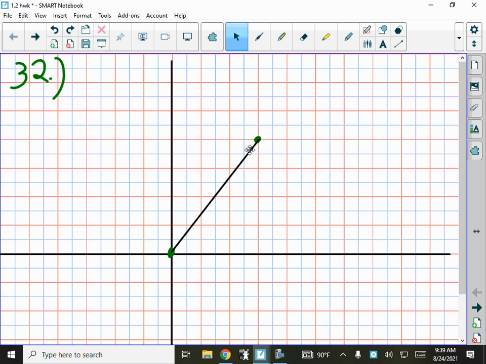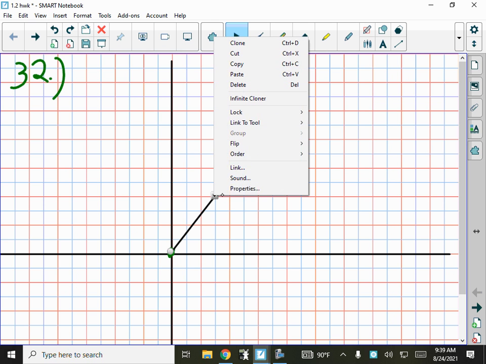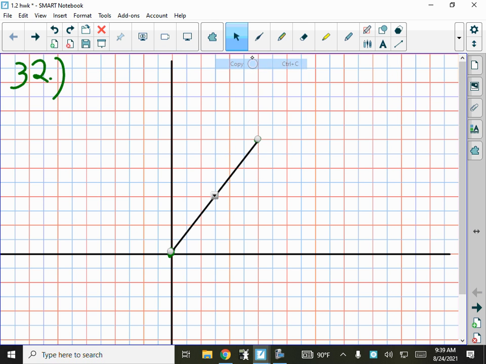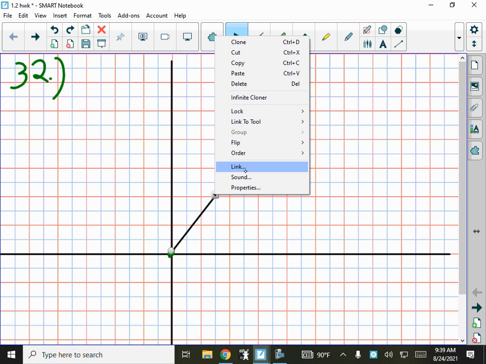Okay, so now if I go here and if I copy this, again, I'm using technology that you couldn't do. But if I copy that, where's it at? Oh, no, sorry, I want to clone it. I want to clone it. What's infinite cloner? Do you dare me to?